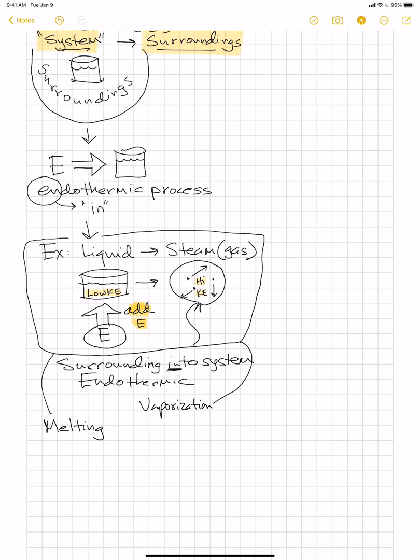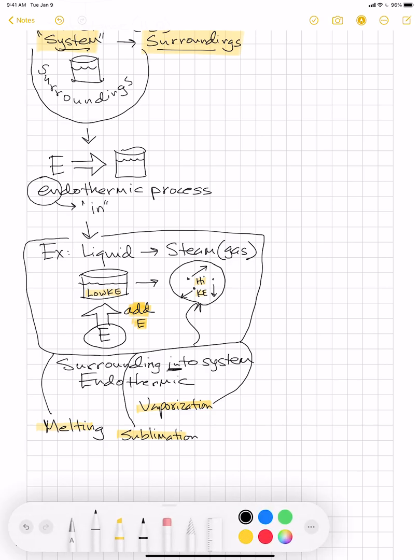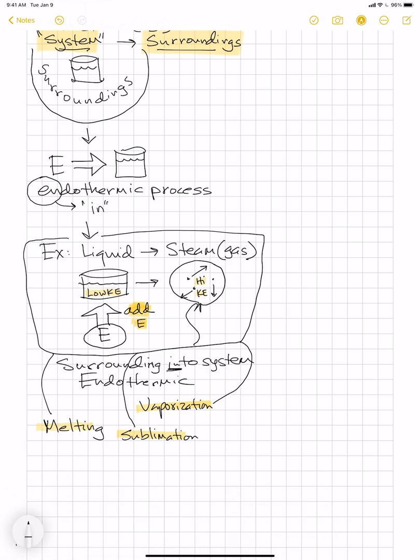And then there's one kind of funny, strange one where the solid becomes a gas. That's called sublimation. All of these are endothermic processes.